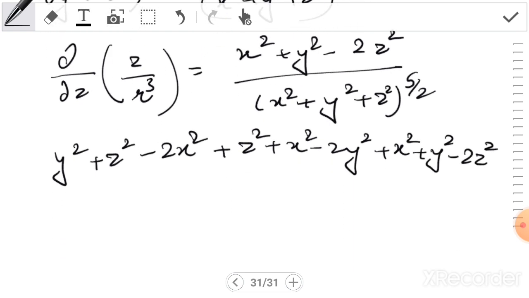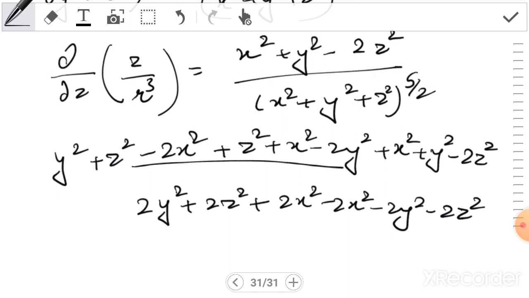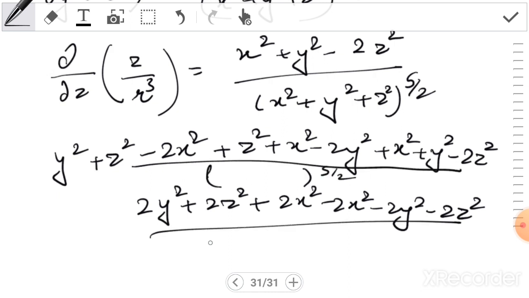Here 2x square plus 2y square plus 2z square minus 2x square minus 2y square minus 2z square, all divided by (x square plus y square plus z square) raised to the power 5 by 2. So this reduces to 0.